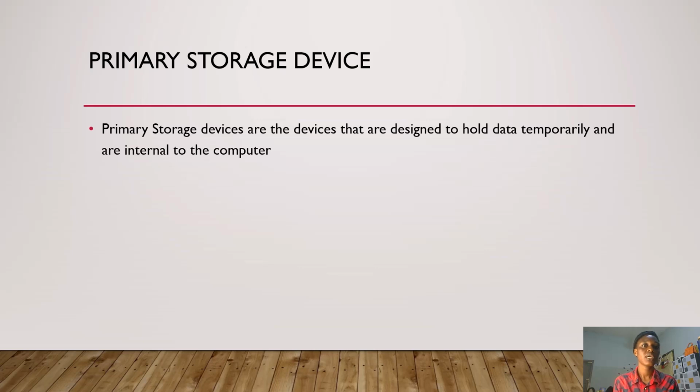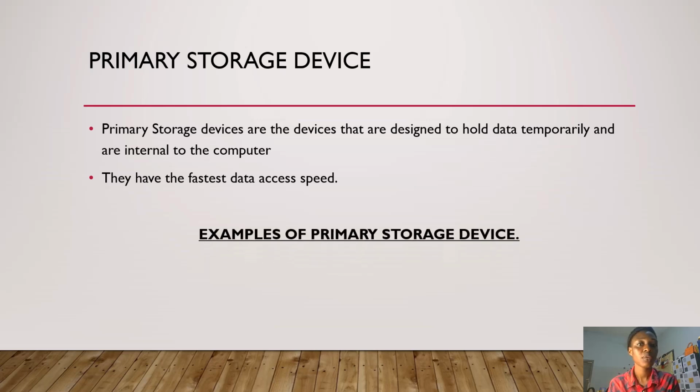For instance, the CPU processes the information. So this is about the primary storage device. They have the fastest data access speed.